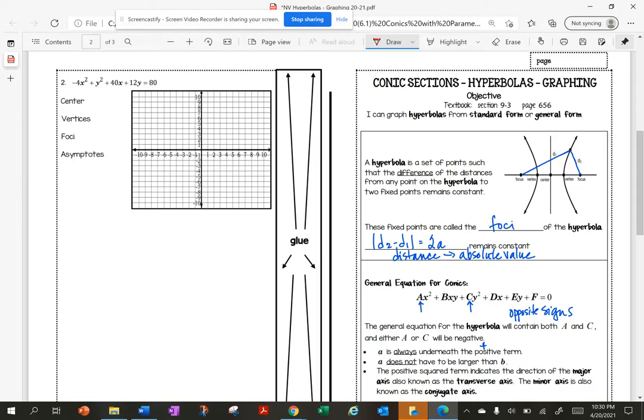So I'm going to put the x terms together, the y terms together, and then the constant on the other side of the equation.